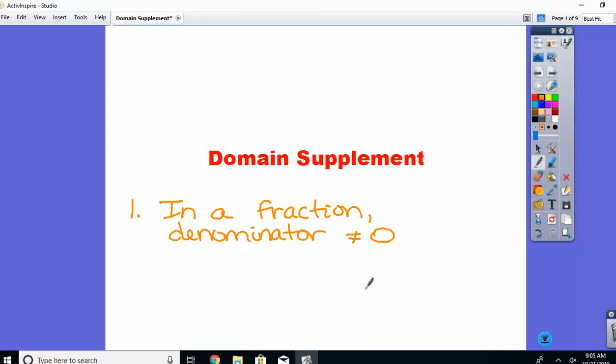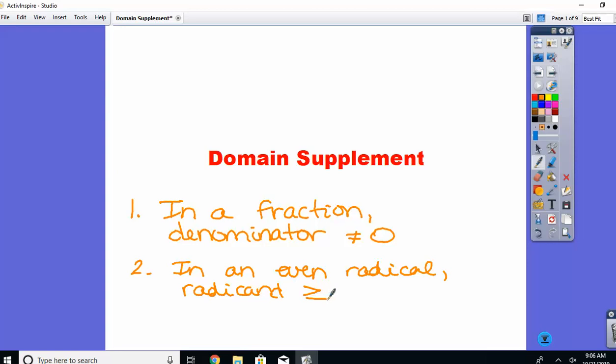The second rule has to do with radicals, and an even radical. So that means if I have a square root, a fourth root, a sixth root, those types of things, the radicand, the thing under the radical, has to be greater than or equal to 0.